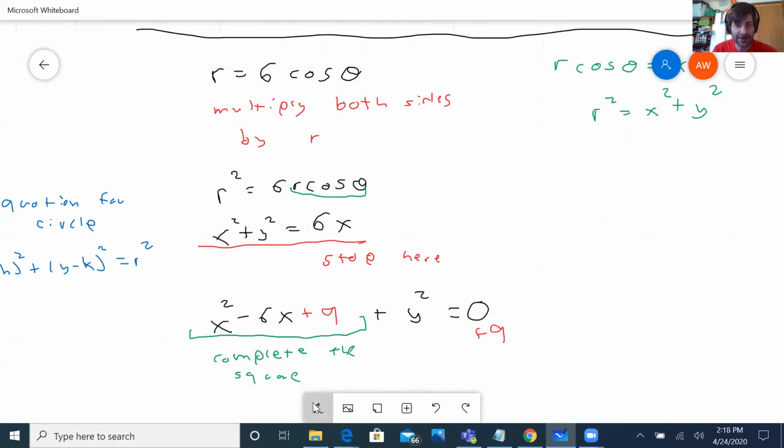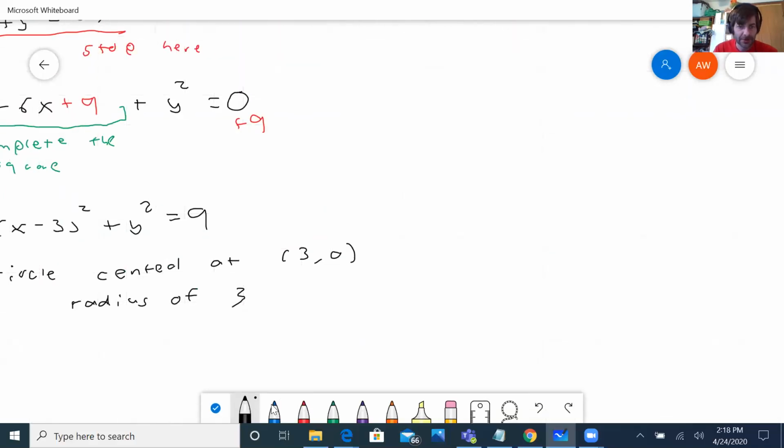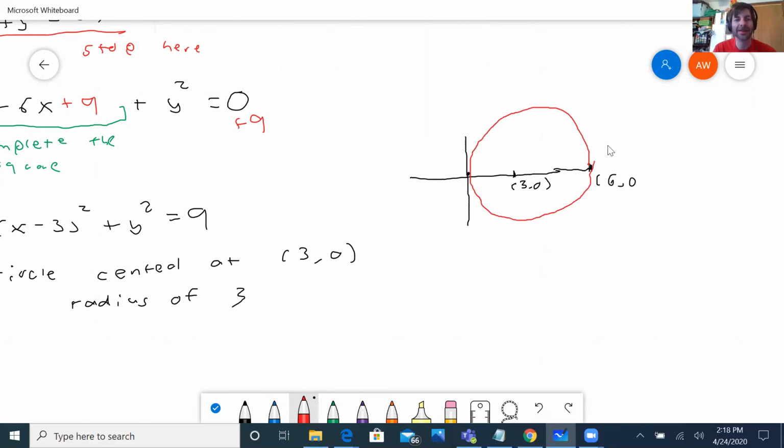In the beginning, you see this, I was graphing r equals 6 cos theta. Circle centered at 3, 0 of radius 3. Right, so there's my point 3, 0. So if its radius is 3, it's going to go out to 6, 0 and back to 0, 0. And I'm going to do an awful job drawing the circle, but I'm going to try. Hey, that's not so bad.